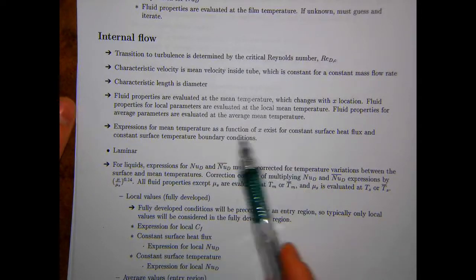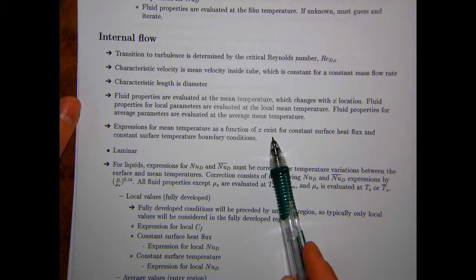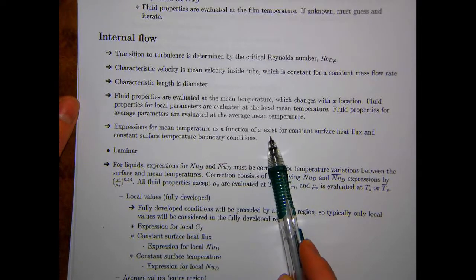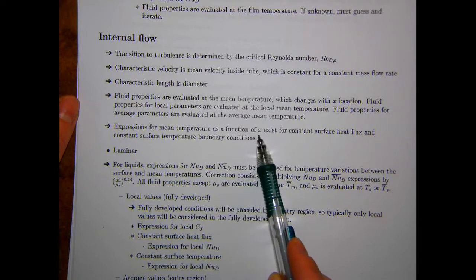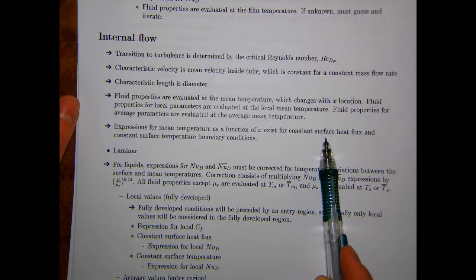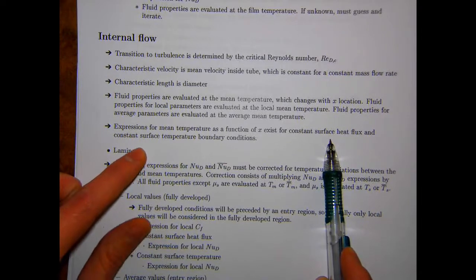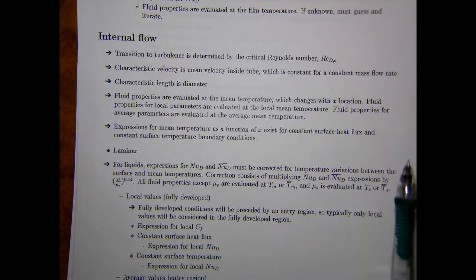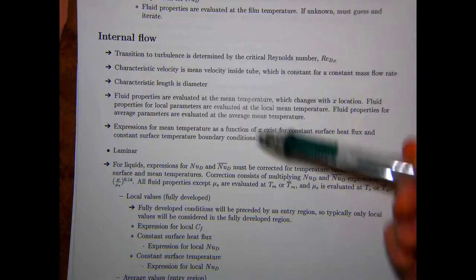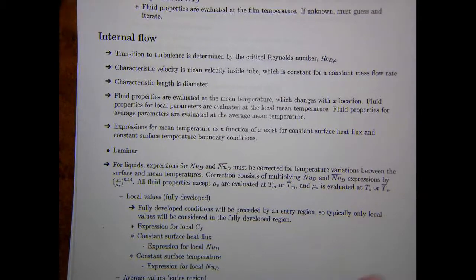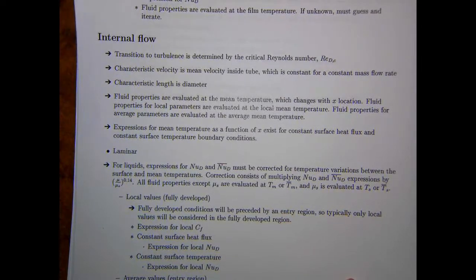And because the mean temperature changes with x, we derived specific functions to calculate the mean temperature as a function of x for the two boundary conditions, constant surface heat flux and constant surface temperature. Okay, so that's all Reynolds number calculations and figuring out whether it's laminar or turbulent flow.